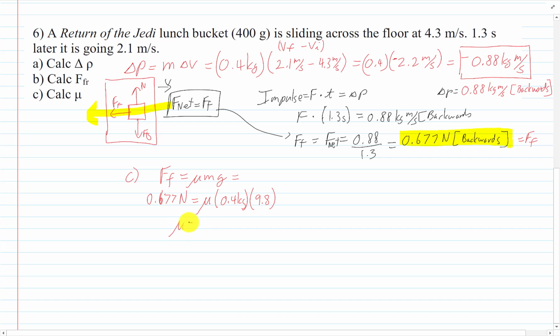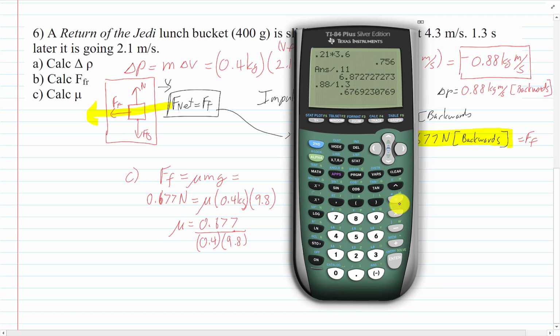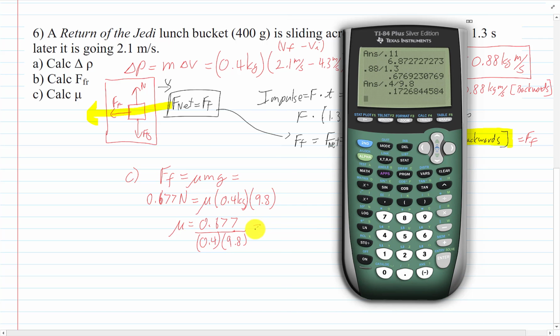So mu is going to equal 0.677 divided by 0.4, and also divided by 9.8. So we pull that up on the calculator and take this and divide by 0.4 and also divide by 9.8. And we get that the coefficient of friction that's actually happening here is 0.173.